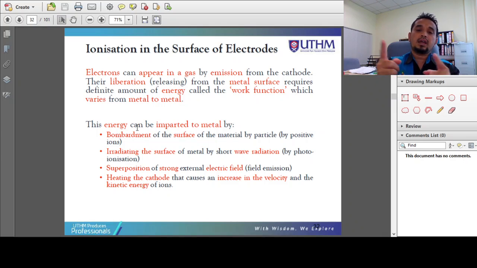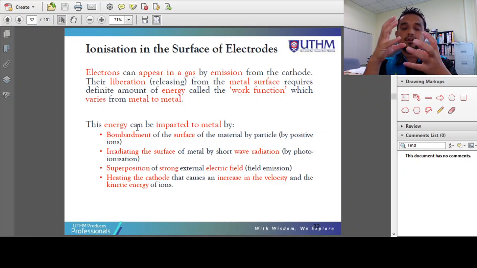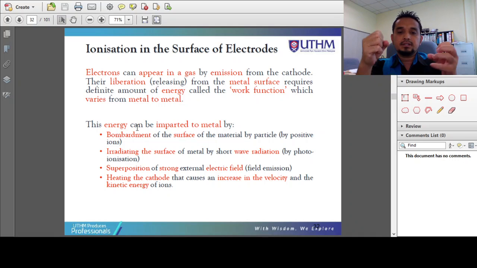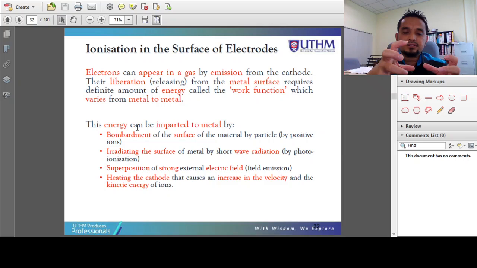Once you have two metals and you knock them together, or touch them together, or collide them together, the collision between the two metals will transfer a certain amount of energy from the action into the electron.